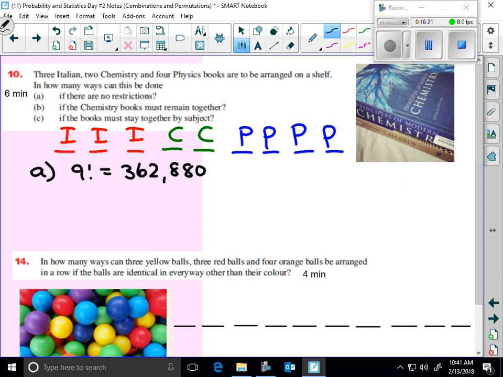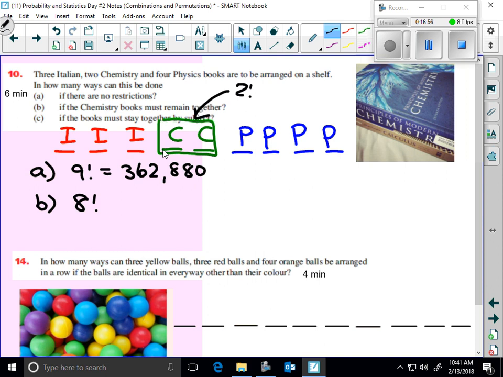Now, in part B, we are going to ensure that the chemistry books stay together. So now how many things am I organizing? 8. However, those 8 spots, how many different ways could I organize the chemistry books? 2 factorial. Now, some have been confused into thinking, should I divide by that?